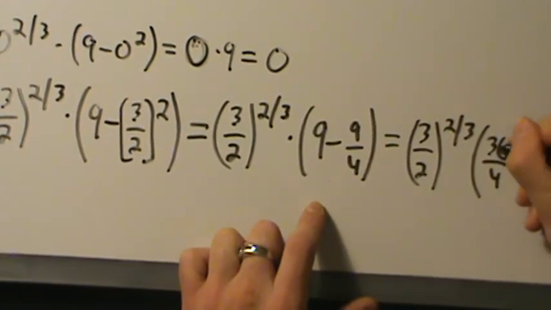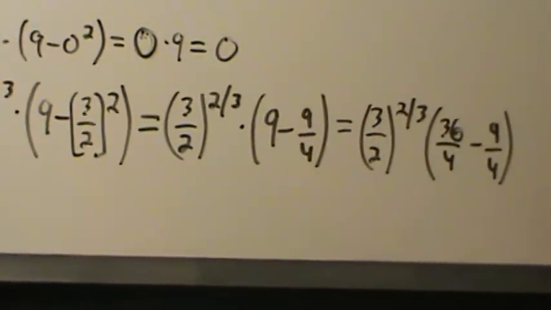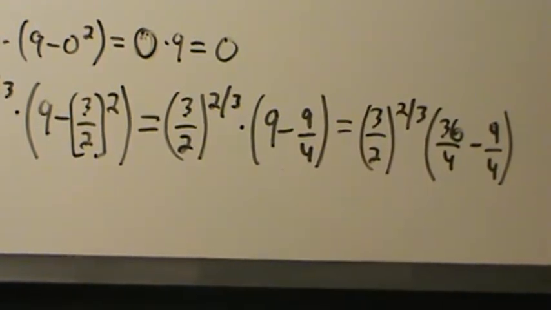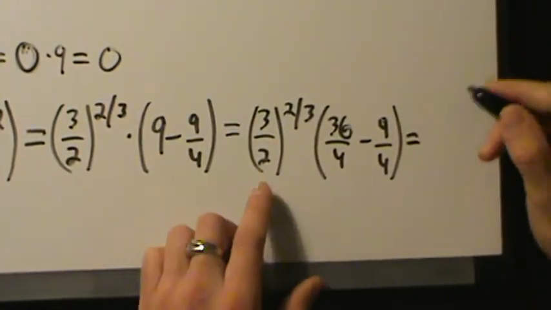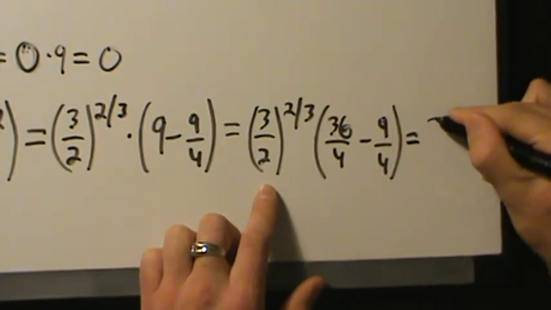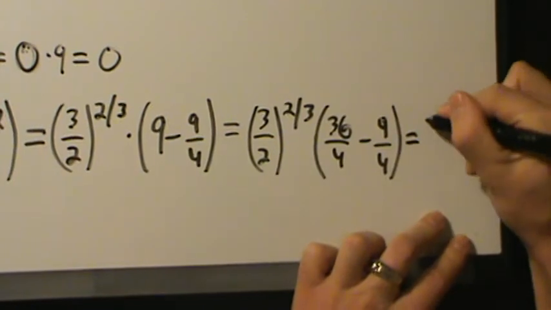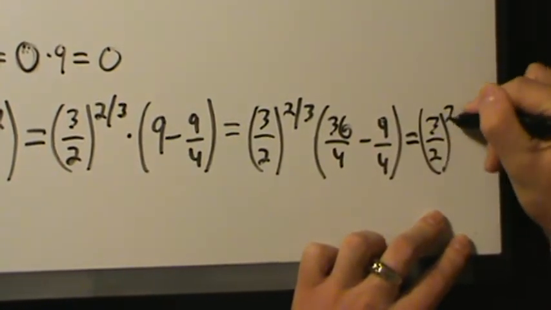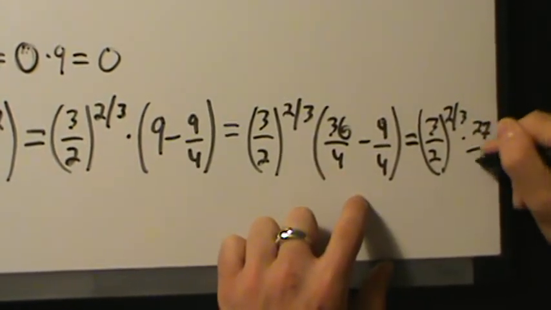Remember 9 is the same thing as 36 over 4, so we're just getting a common denominator here. And then this equals 3 halves to the 2/3 times 27 over 4.